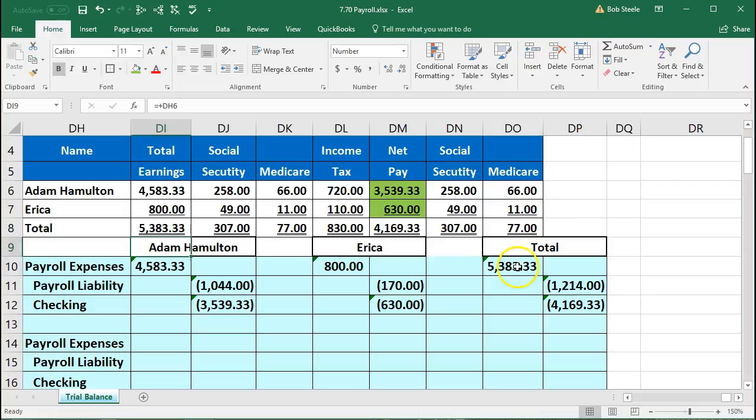So this is our information, so this matches out here. The sum of this total is going to be here, and then the net checks, which are multiple checks that went out for processing total payroll, is going to be here.